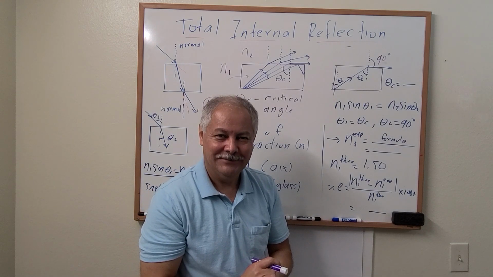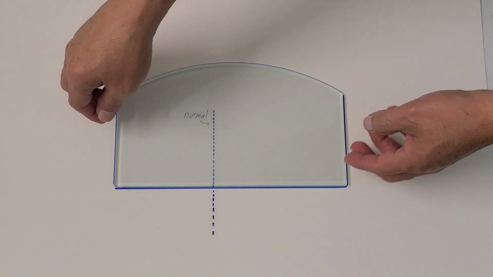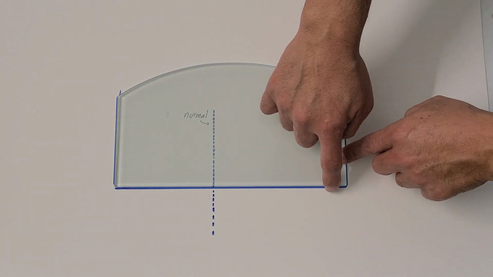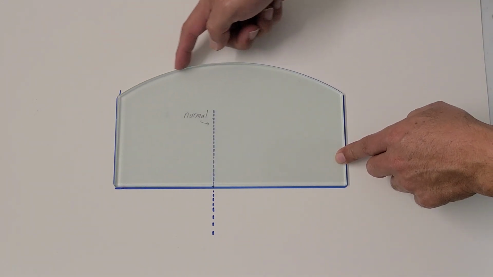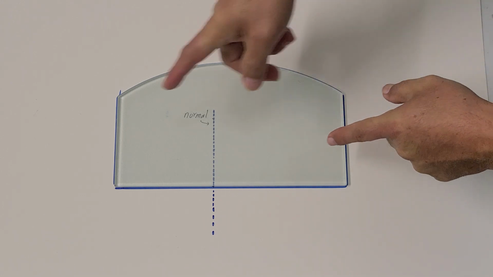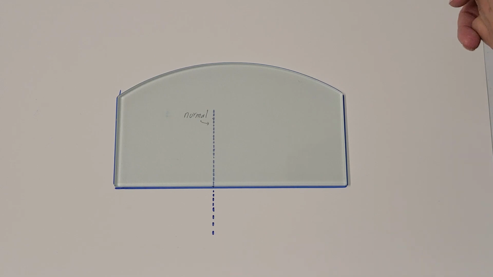Okay, let's do it. For today's experiment, we have this piece of glass. It has the shape of a circular path right here. This is one of the ways we can calculate the total internal reflection. Also, we can use half of a circle, or we can use a triangle.